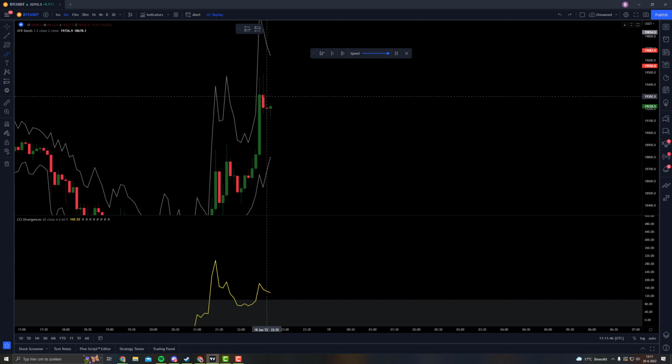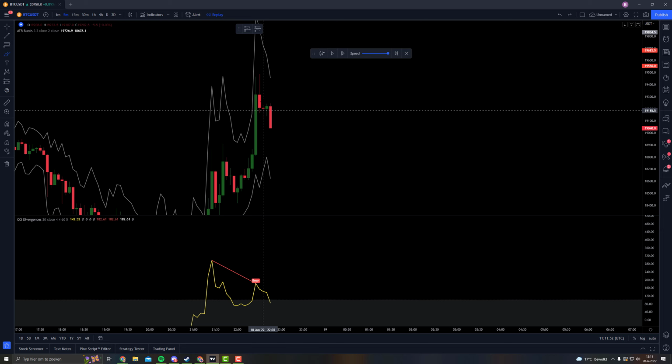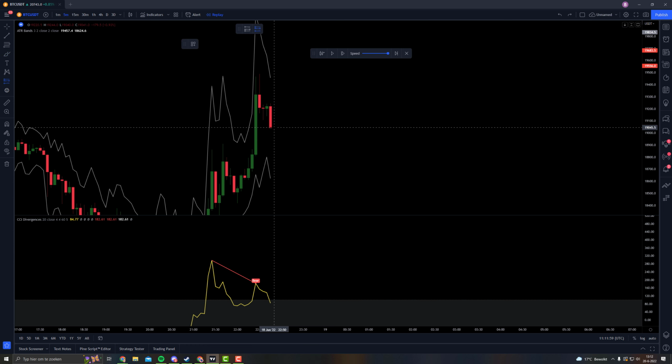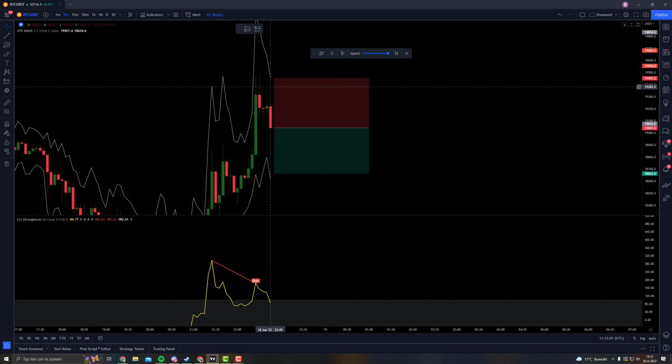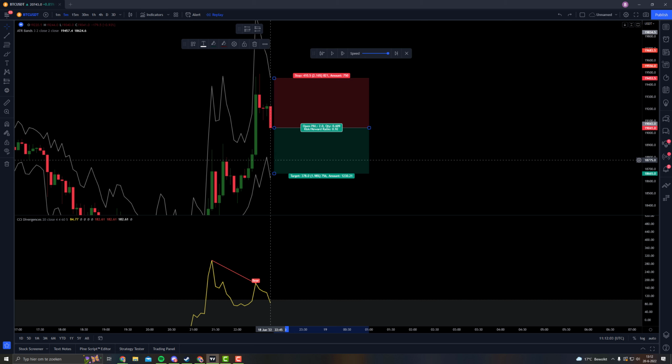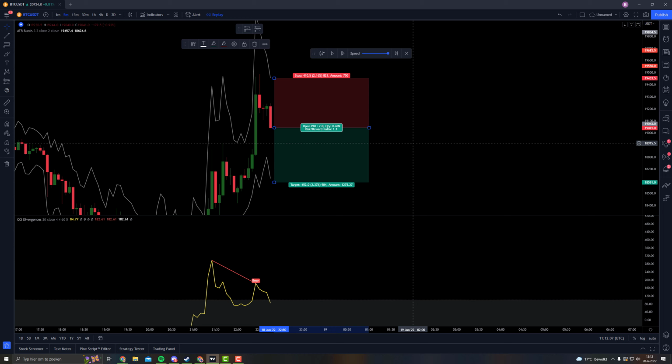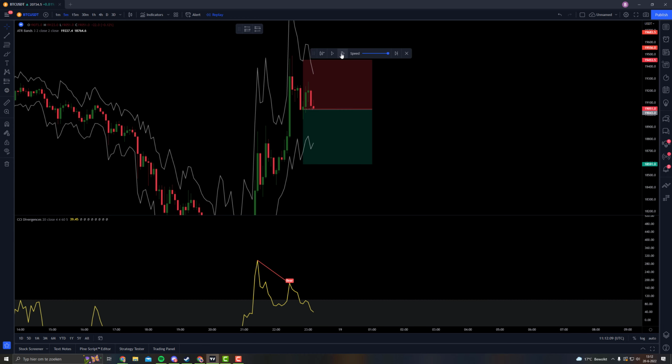So normally you could have said like, okay, it's going down right now, so we have a divergence, you could enter here, but we wait for this indicator, so it only showed us here. That is where we take a short position on the ATR times 1.1, like that. Let's play that out.